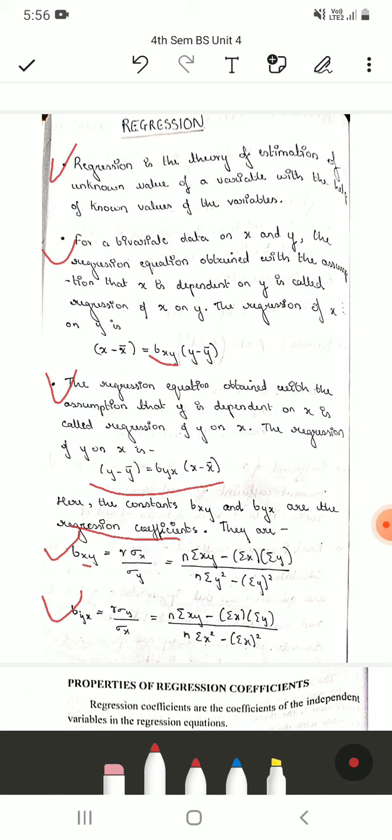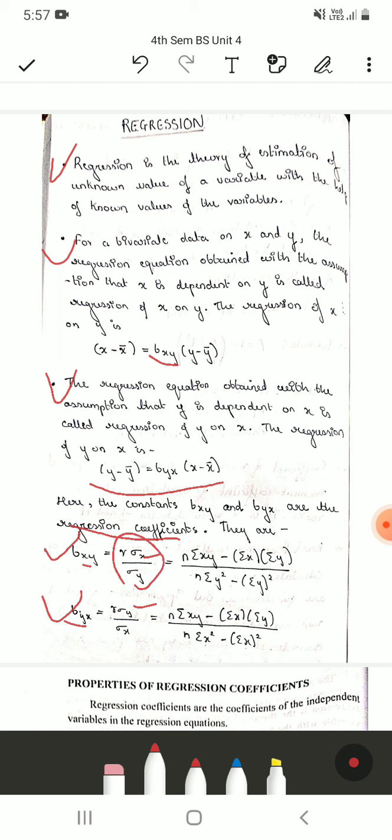Whatever regression equation you want to find, that should be in the numerator. Suppose you want to find the regression of y on x, then sigma y should be in the numerator. So byx equal to r into sigma y divided by sigma x. Here r is the coefficient of correlation.